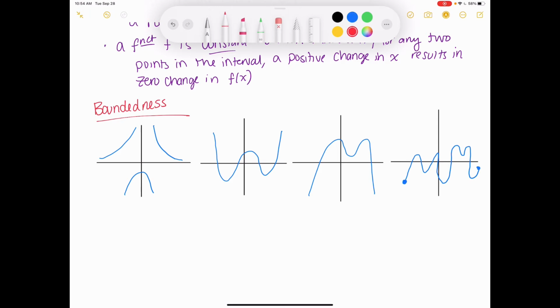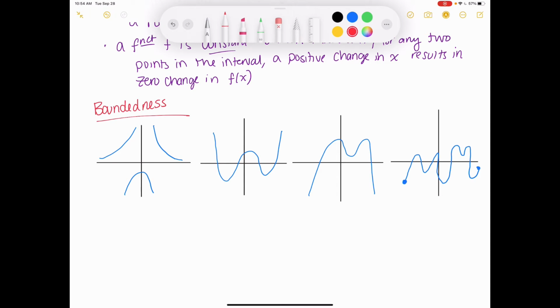All right, so in regards to these, we're looking at if it's bounded above or below or not, or if it's completely bounded. A function could be just bounded above, just bounded below, or completely bounded. For the first one, there are no ending points on it, and it's not all connected together.